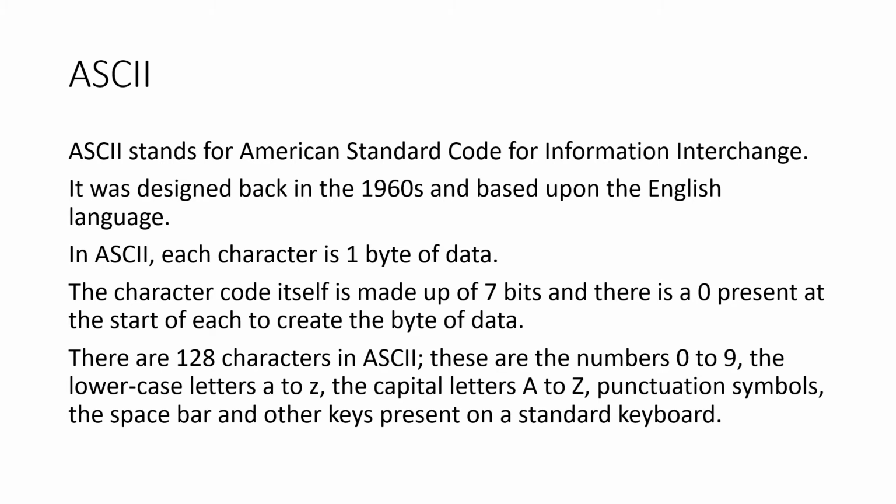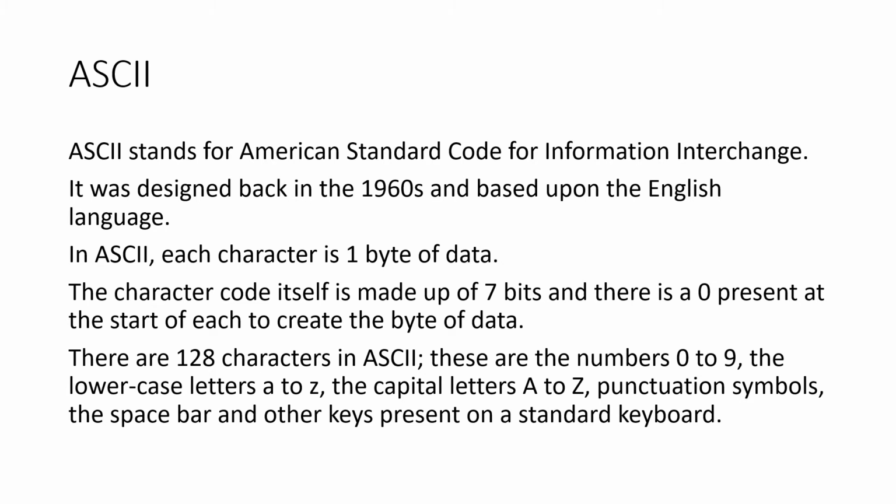Hopefully your little computer scientist brain is whirring there and thinking, 128 characters, is that enough? What about the Russian alphabet? The Chinese, the Japanese alphabet, Arabic? What happened there? You couldn't do that, so they'd have to use American style or English style language to be able to use computing. And clearly that's not very inclusive.